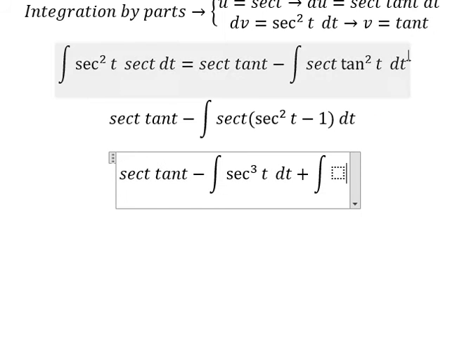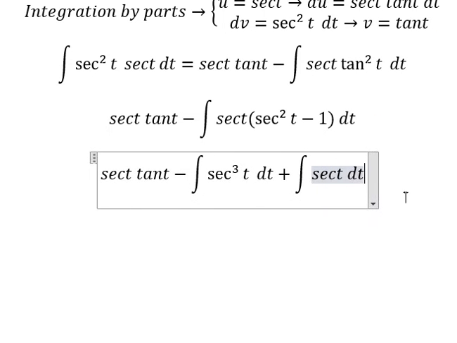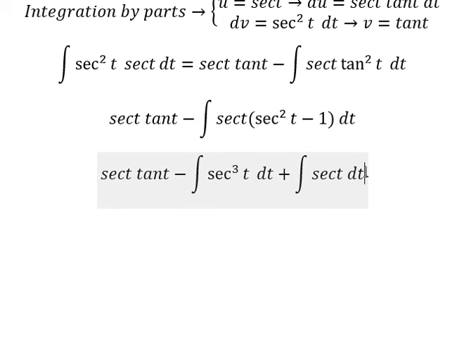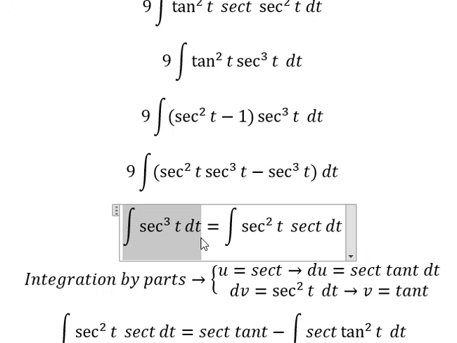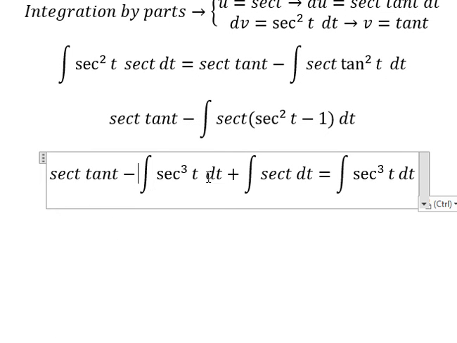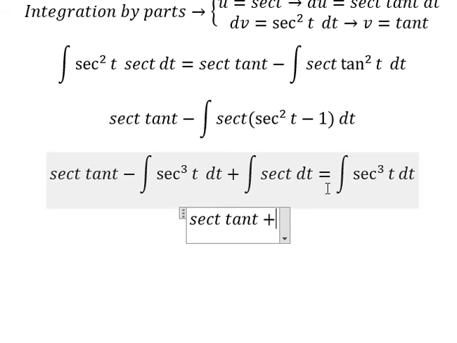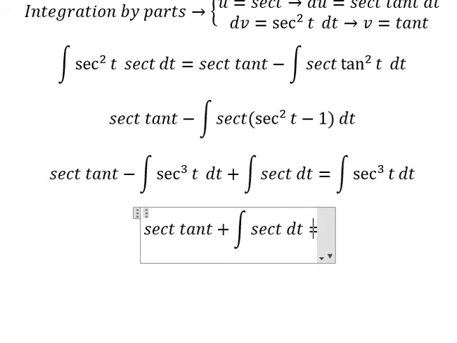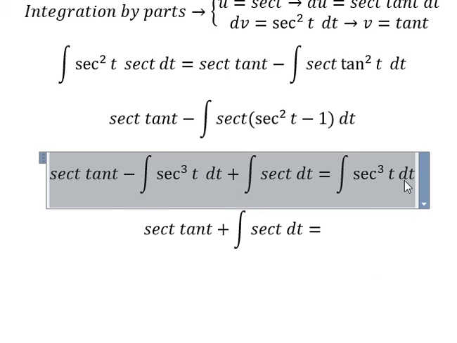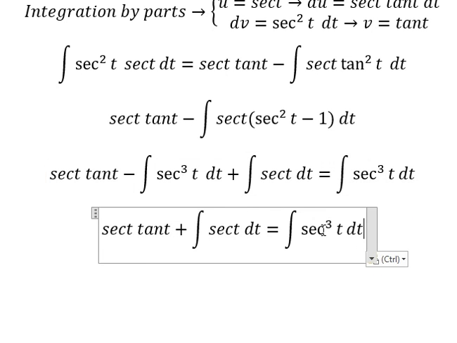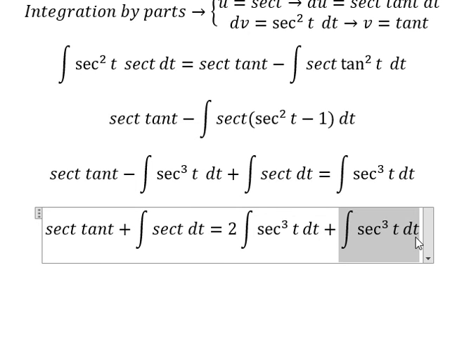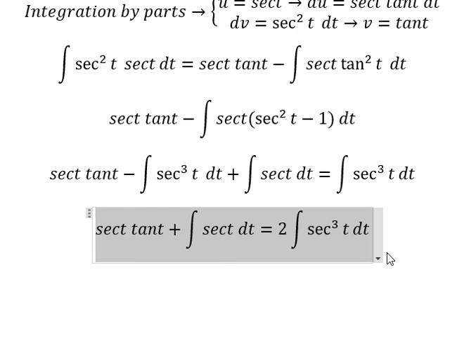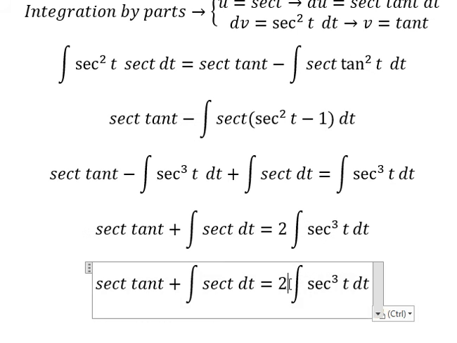And we get the integration of secant of t dt. And now all of this in here equals this integration. So we put this one to the right. So we sum two integrals together and you get 2. And later we divide both sides by 2.